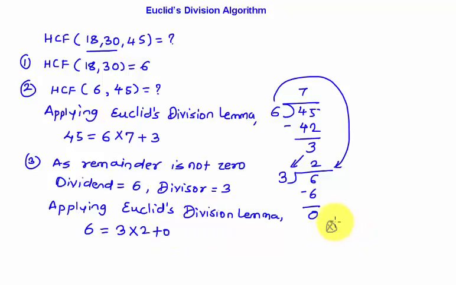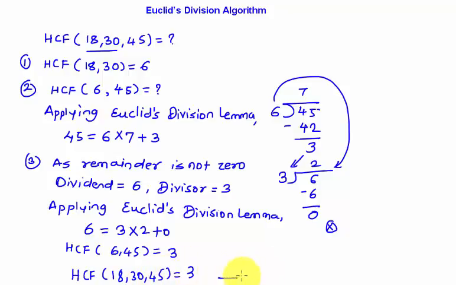We have to stop over here, and the divisor at this stage, which is 3, is the SCF of 6 and 45. So the SCF of 6 and 45 is 3, but this is nothing but the SCF of 18, 30 and 45. So this way we can extend the concept of finding out the SCF of two numbers to n number of numbers.